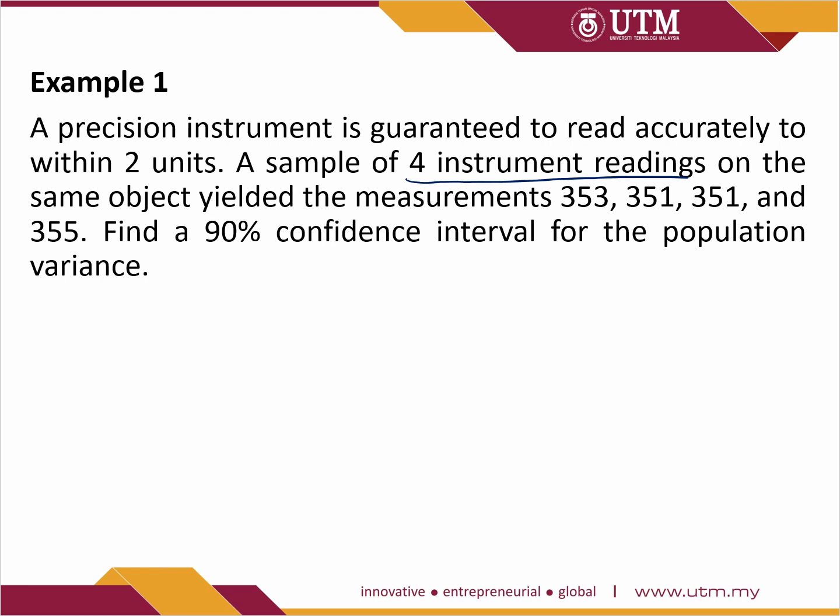Now we need to find a 90% confidence interval for the population variance. So for the population variance, the formula would be n minus 1 s square over chi-square alpha over 2, n minus 1, and n minus 1 s square over chi-square 1 minus alpha over 2, n minus 1.